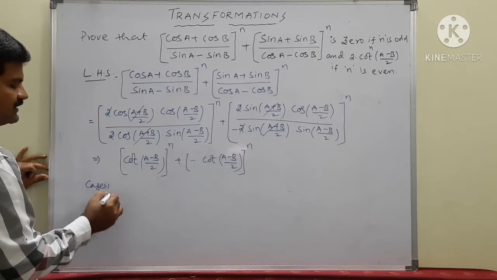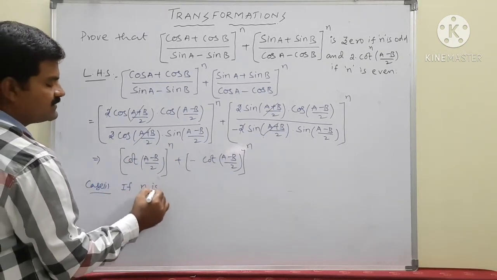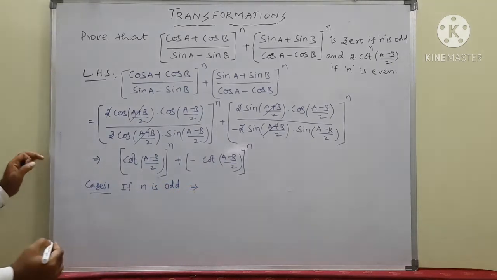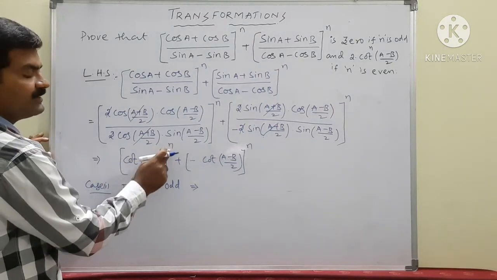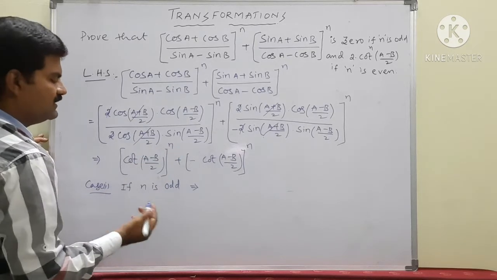Hence this can be solved in two cases. Case 1, if n is odd. What happens if n is odd? Anyhow, first one is positive only.